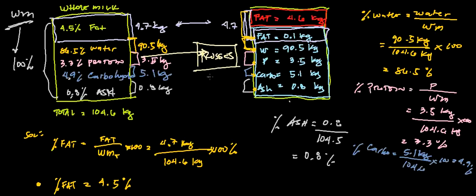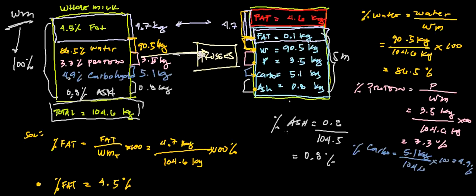So once again, this is the initial composition of whole milk. If we process it and remove from a total of 104.6 kilograms, 4.5 kilograms of fat, we can now have this composition of skim milk, which contains only 0.1% fat, 90.5% water, and so on.